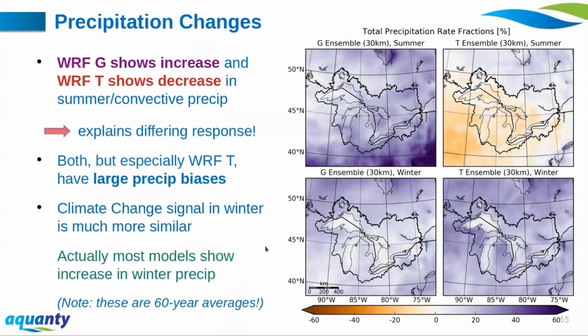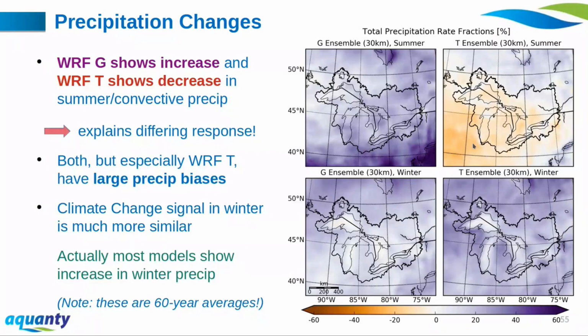Now here is the precipitation change that we are observing in the WRF G and the WRF T simulation, right? And so again, in the top is summer and the bottom is winter. And this is essentially the reason why we see the drying response in WRF T and the wetter response in WRF G, right? This is entirely driven by the climate projections. So drying in summer in WRF T is because it has a different convection scheme, basically.